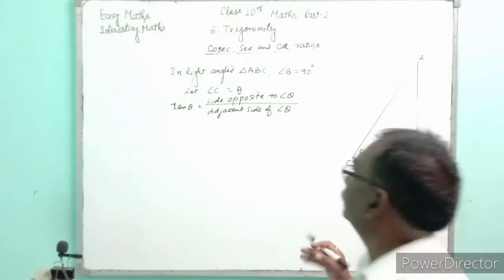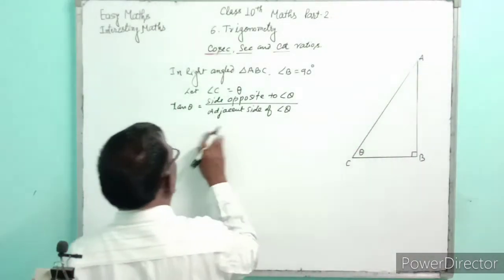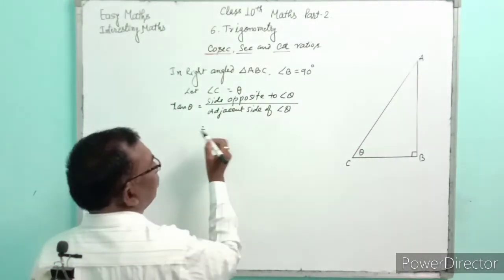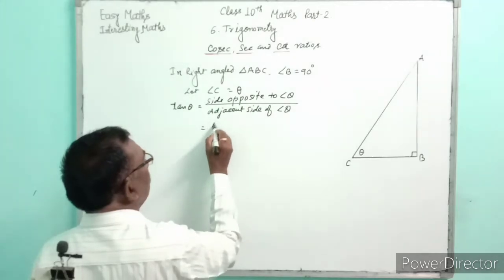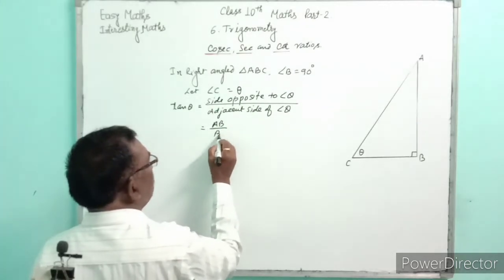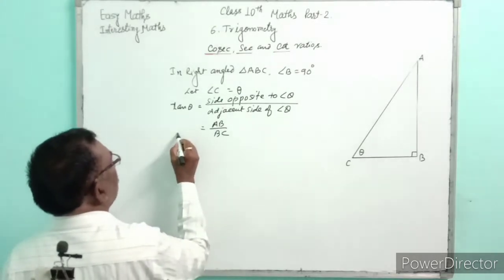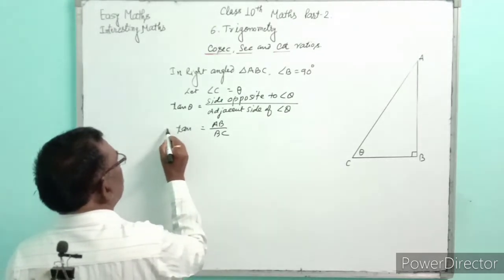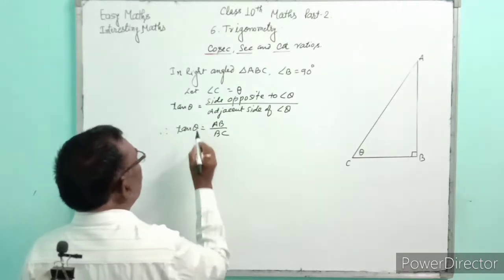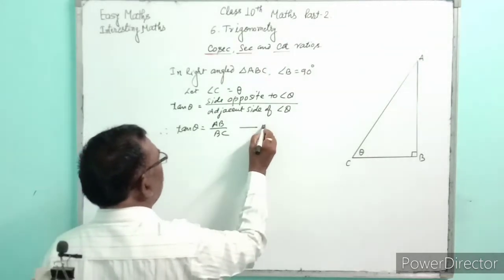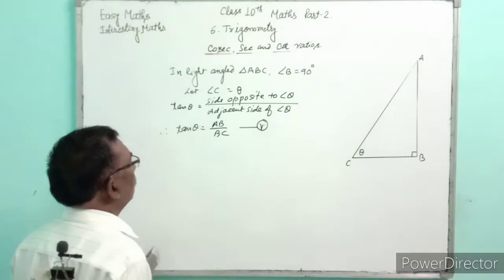This is the formula. Therefore, AB by BC, so tan theta is equal to AB by BC. This is number 5.